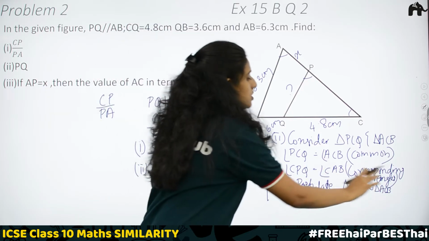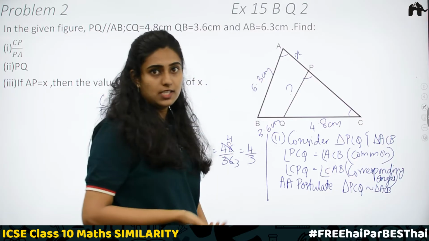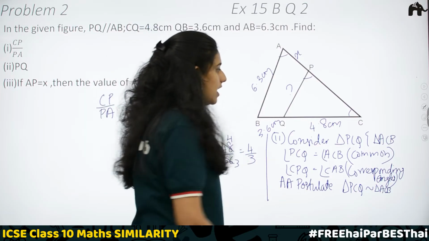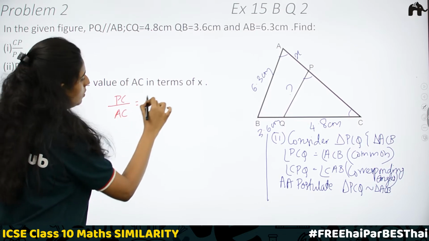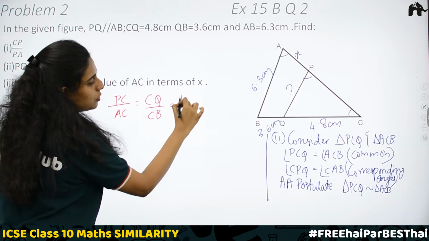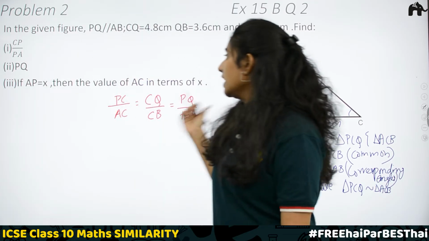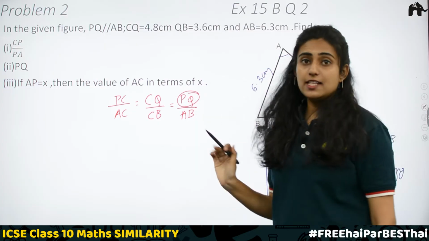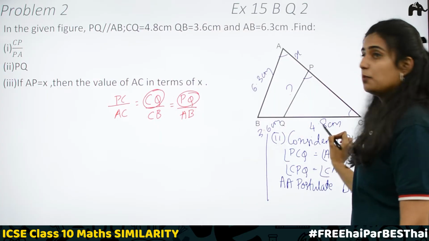If two triangles are similar, then the ratio of their corresponding sides are equal, or the corresponding sides are proportional, from which we can write PC divided by AC equal to CQ by CB equal to PQ by AB. For the second question we need to find what PQ is. We know CQ is 4.8.